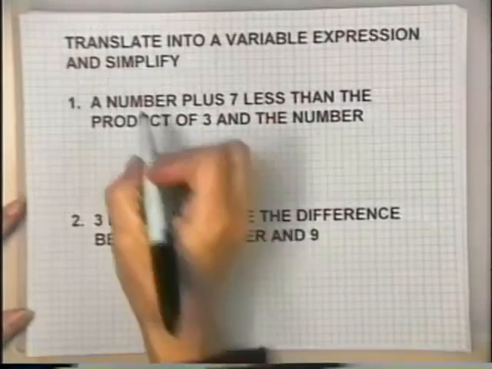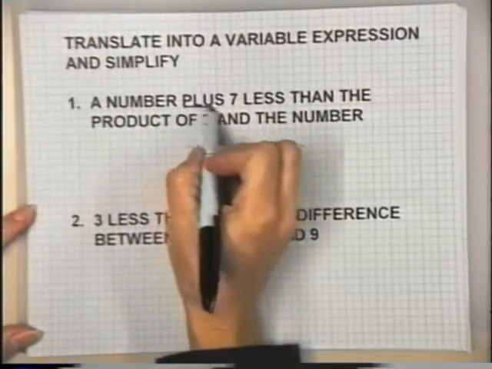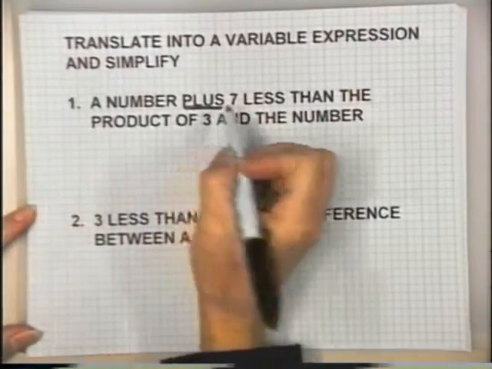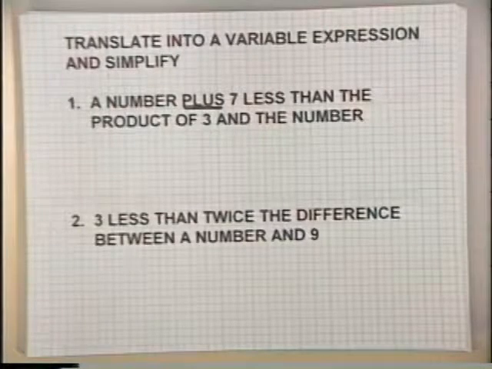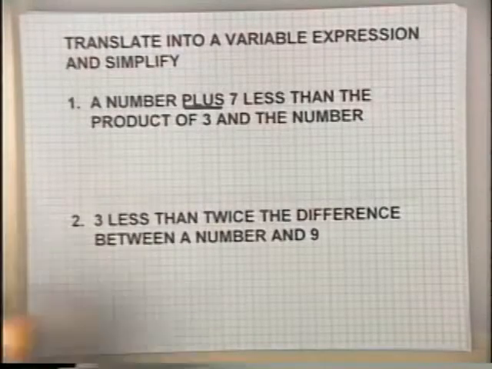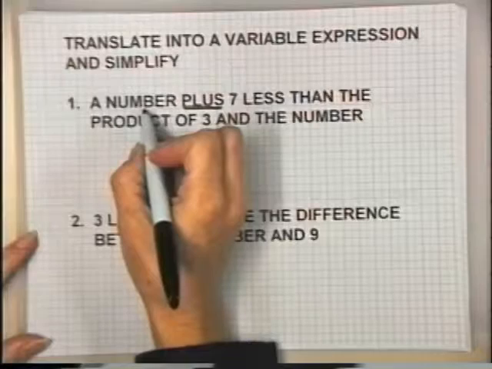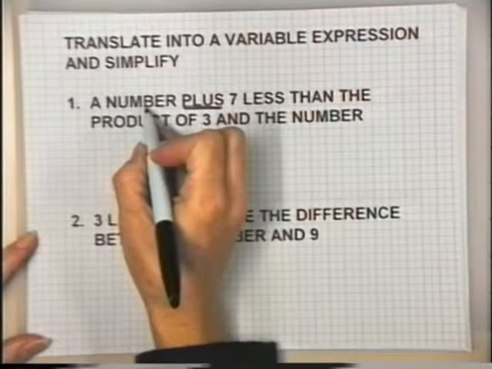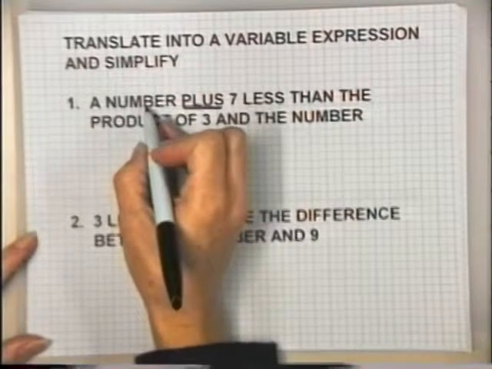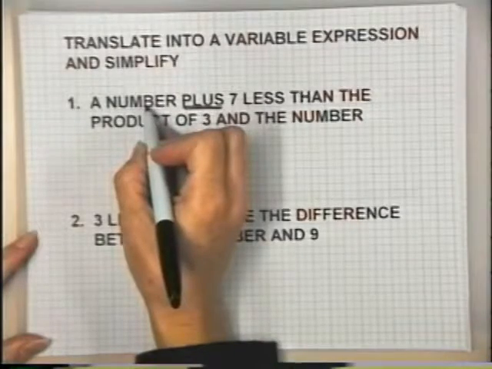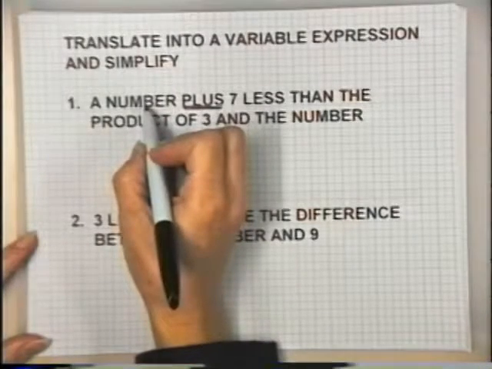Well, let's see. A number plus. Let's stop right there. This is our first operation that's indicated. Plus means that we're adding. Let's see if we can tell what we're adding here. We're adding a number. We don't know what that number is. When we have an expression such as this and we do not have a value for that number, we need to use a variable.